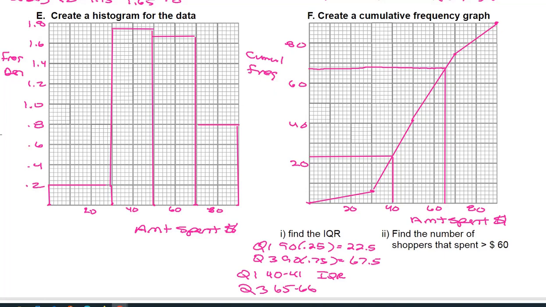So that would be 26. Or maybe 65 to 41, which would be 24. If your IQR is somewhere around 24, 25, or 26, then my expectation is you probably get credit for this.